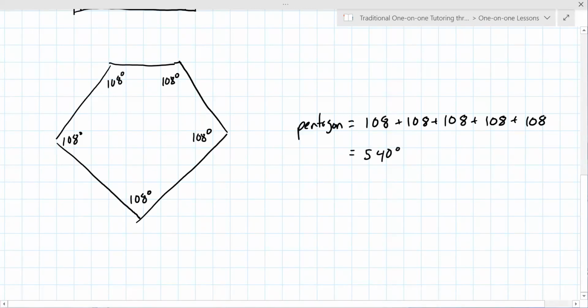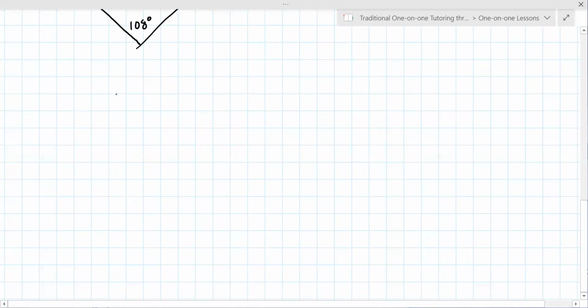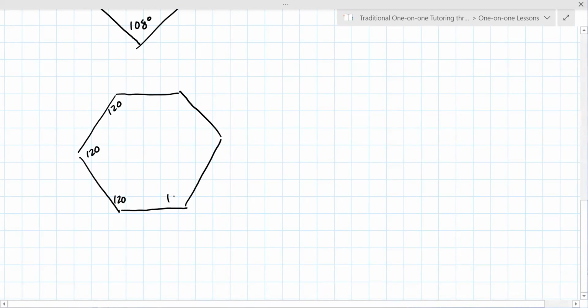Let's do one more here. The next shape is a hexagon. What is the sum here? What do they all add up to?